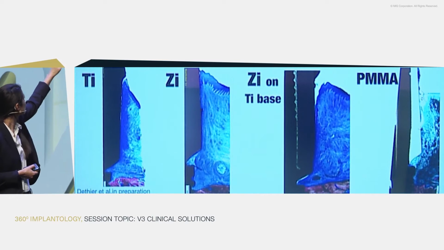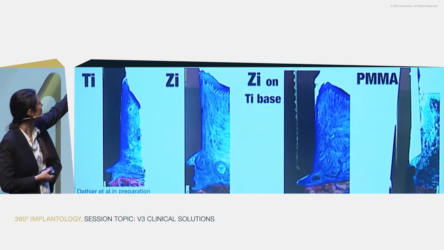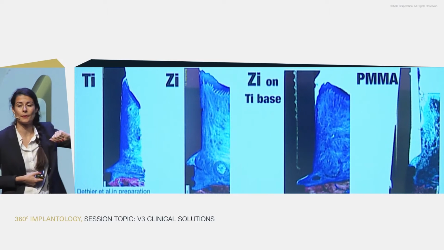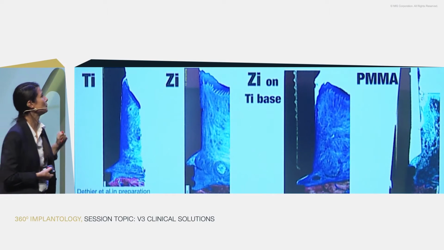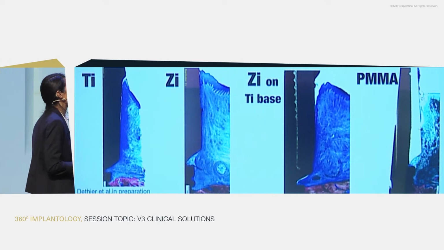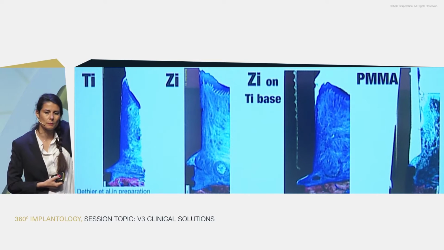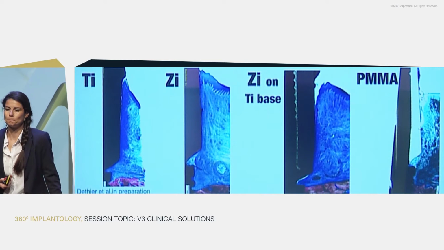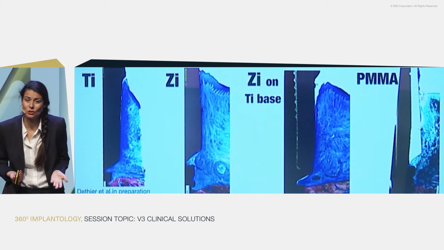We have a long junctional epithelium all the way with a little sulcus. Same for the Ti-base group. And for the PMMA, we were really surprised, actually, even though you see that in the more coronal part, it's a little bit not very good. We also had an adhesion of the soft tissue.